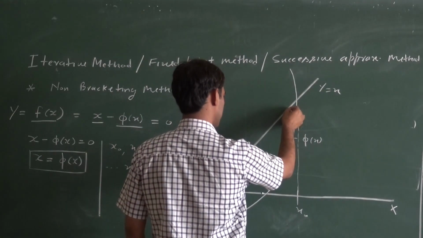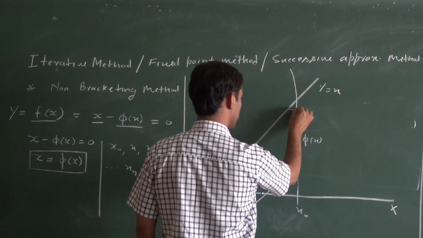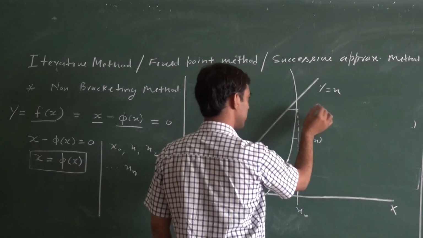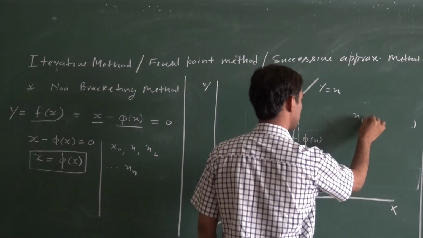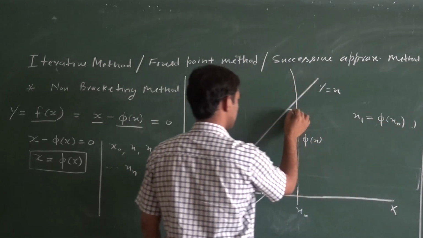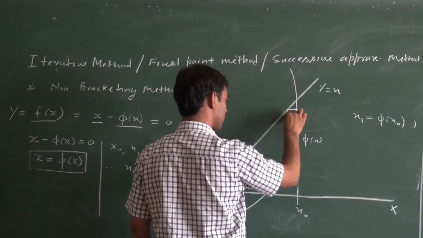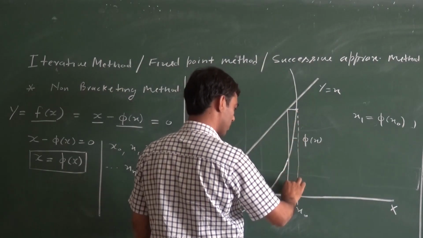This is the first approximate value, the value of the function phi x0, and x1 equals phi x0, the point of intersection with y equal x. So this is the second approximate value, x1.